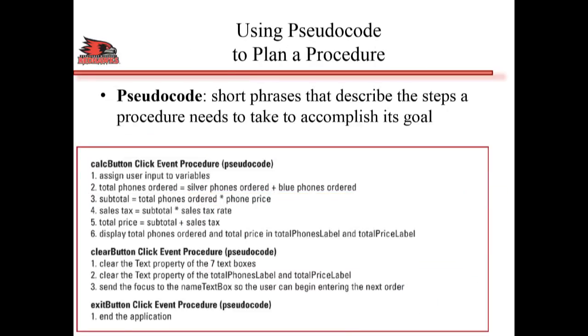To do the math, or to plan the code for the math, generally people write pseudocode. So what is pseudocode? It's basically stuff written in almost plain English, which is going to be transformed into code.